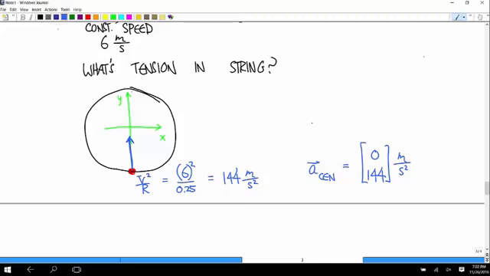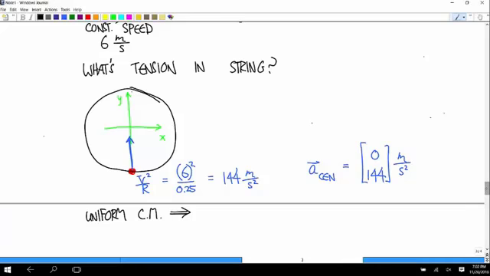And now what about the tangential acceleration? There isn't any because this is constant speed. So it's uniform circular motion.